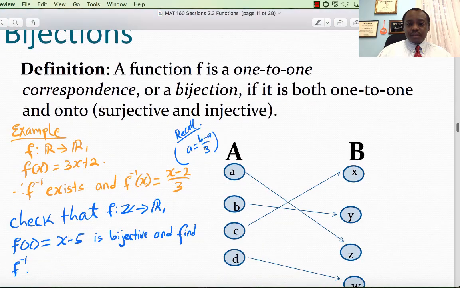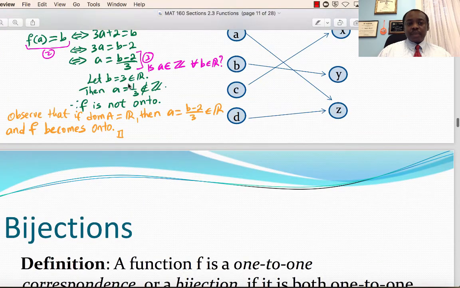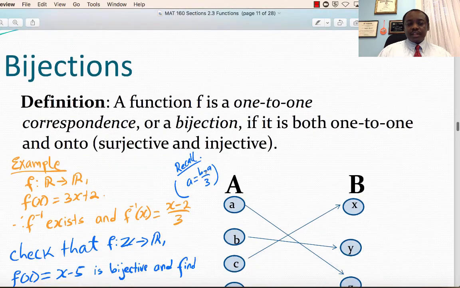Well, that's what we got. f inverse of x is simply what your a was. So f inverse of x is (x minus 2) divided by 3, where the b is replaced by x. And that should be a 2. I'm not sure why it's an a, so just ignore all of that right there.